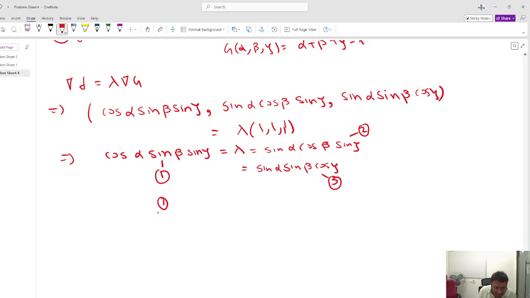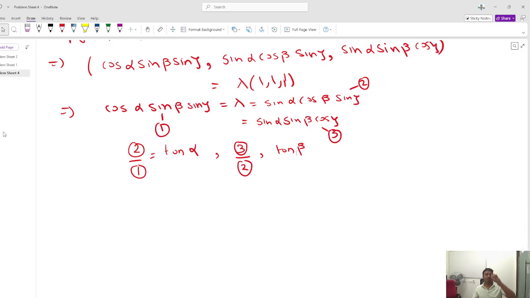So if you divide 1 by, say, 2, or 2 by 1, what you get is tan alpha, right? And if you divide 3 by 2, what you get is tan beta. Whenever it is possible, I mean, you are not allowing them to be zero.